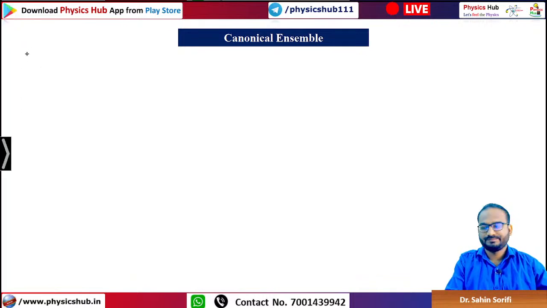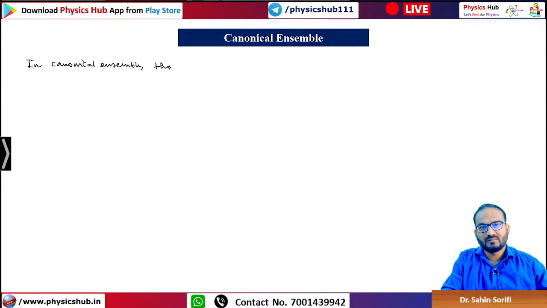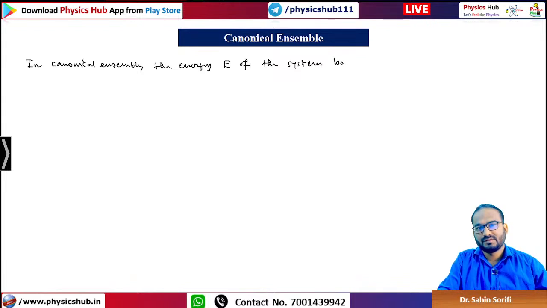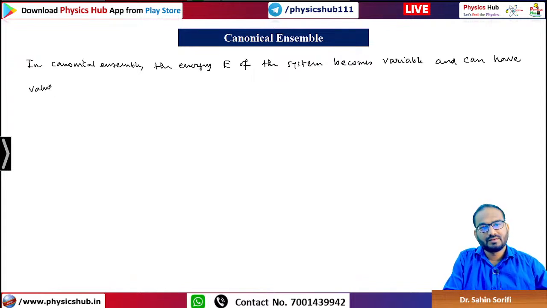In canonical ensemble, the energy E of the system becomes variable and can have values from 0 to infinity.